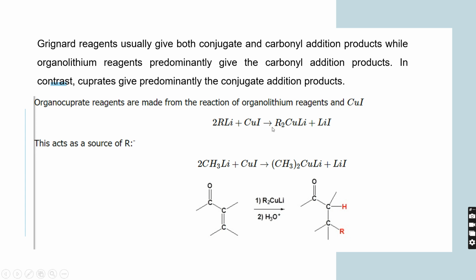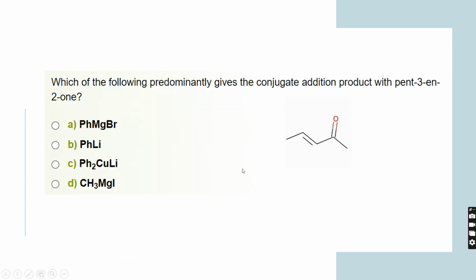These are softer nucleophiles. This is why they prefer to get added to the soft electrophilic center rather than this hard carbonyl carbon. So always remember organocuprates will give you the 1,4 addition product. So out of these four reagents, for this question you have to choose option C as the correct answer.